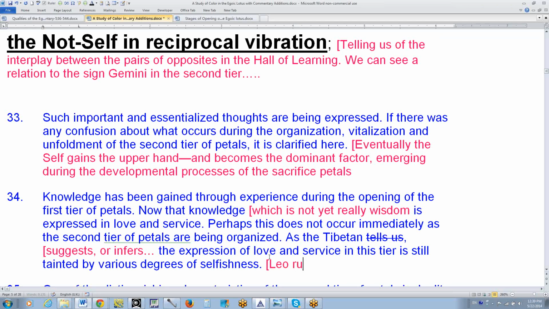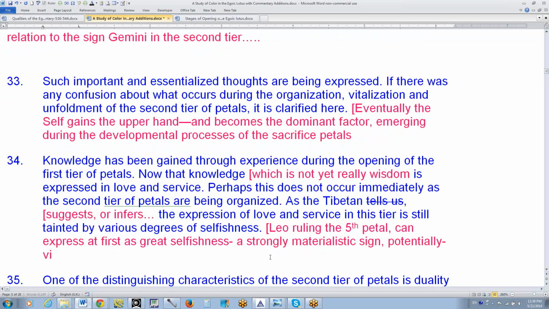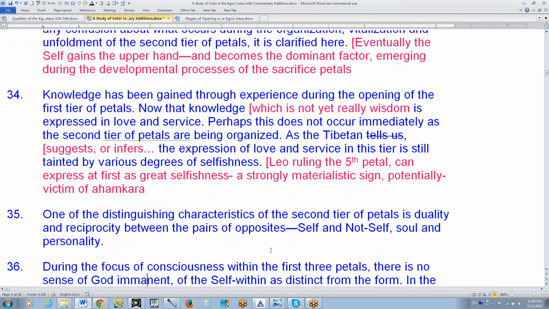Leo, ruling the fifth petal, can express at first as great selfishness. The most materialistic, or should we say a strongly materialistic sign, potentially victim of ahamkara.